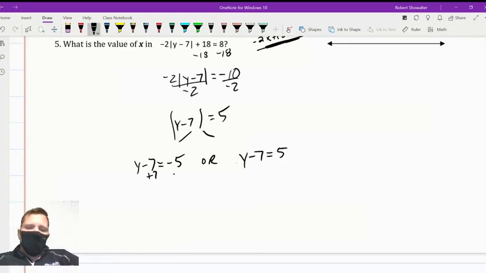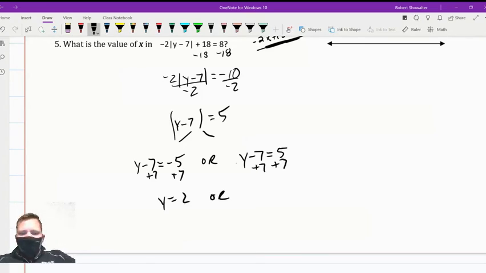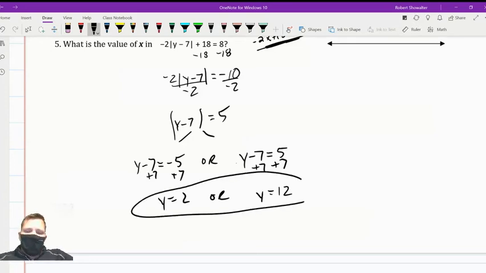Keep solving them. Y equals 2, or y equals 12. So we have 2 answers: y is 2, or y is 12.